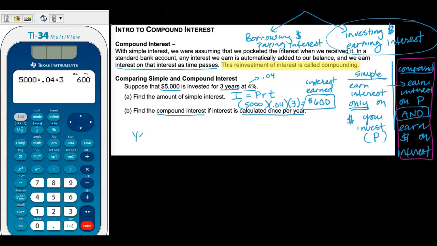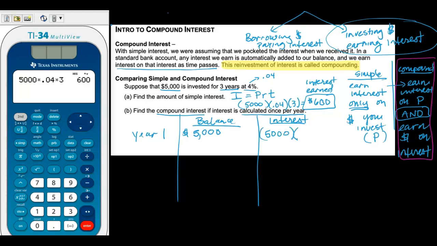So I'm going to look at year one. I'm going to start in the beginning. So in the beginning, I have a balance of $5,000. And so I'm going to take that $5,000 and I'm going to calculate the interest. And so that's really simple. You just take the $5,000 and you multiply it by the percentage. So the percentage is 0.04.